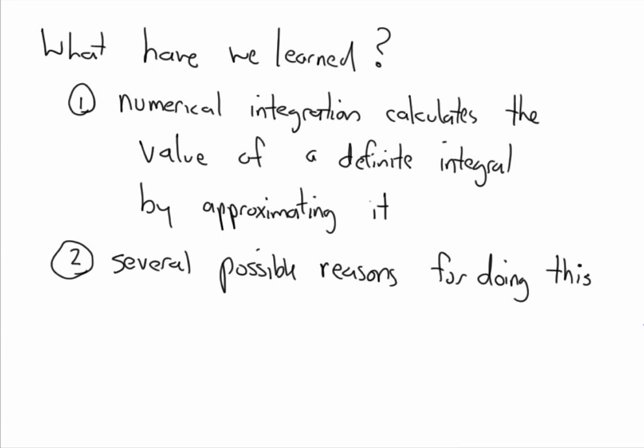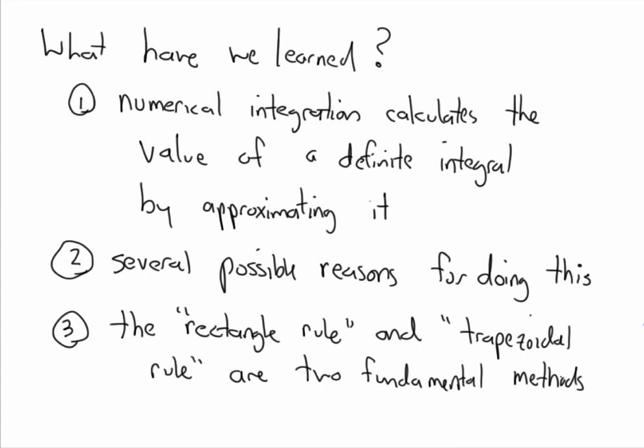The function you're interested in integrating, f of x, may only be known at some points due to some sort of sampling issue. A formula for f of x might be known, but it might be very hard to calculate its integral analytically. Or it could be that you can do it analytically, but it's just simply easier to compute the numerical approximation. And finally, we've learned that the rectangle rule and the trapezoidal rule are two fundamental methods for doing numerical integration. And I also showed you how to do both of those methods.